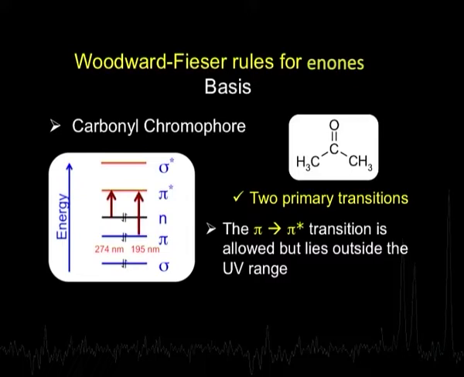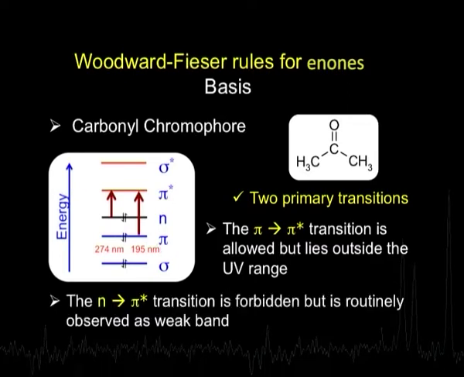One is the pi to pi star transition. That means we start the molecule in the molecular orbital pi, the transition to pi star takes place, and this is observed somewhere around 195 nanometers. This is an allowed transition, but it occurs outside the range of the UV visible spectrum. And the second transition happens to be the n to pi star transition.